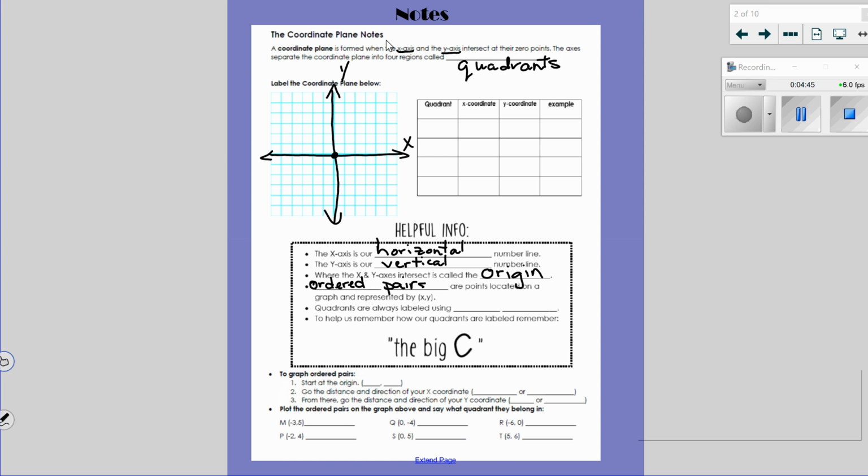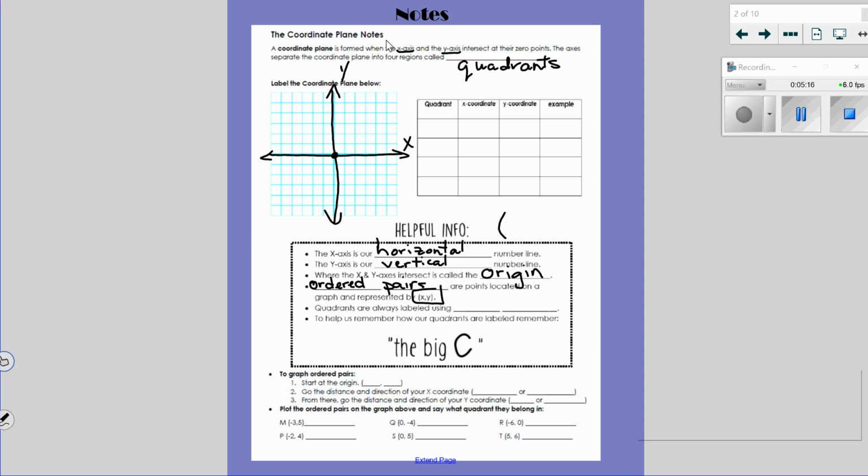Here is the big key in this, guys, and this is critical for us to be successful for the rest of the year whenever we're graphing something, because we will be doing more graphing as the year goes on. Every mathematician in the world will do their ordered pairs exactly the same way. So there is no leniency on this. You have to do this exactly as I'm about to tell you every single time. An ordered pair is always going to start with a parenthesis.